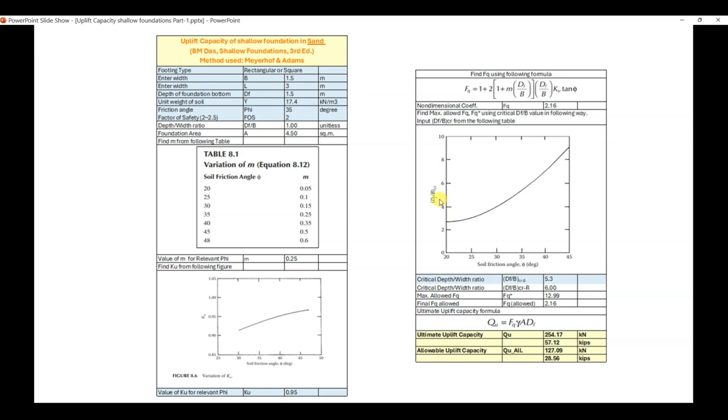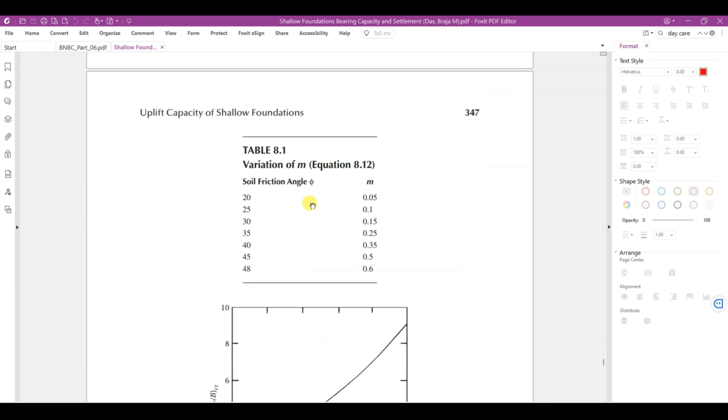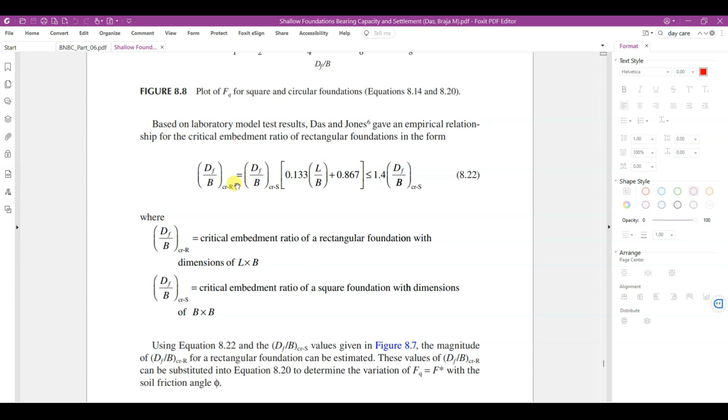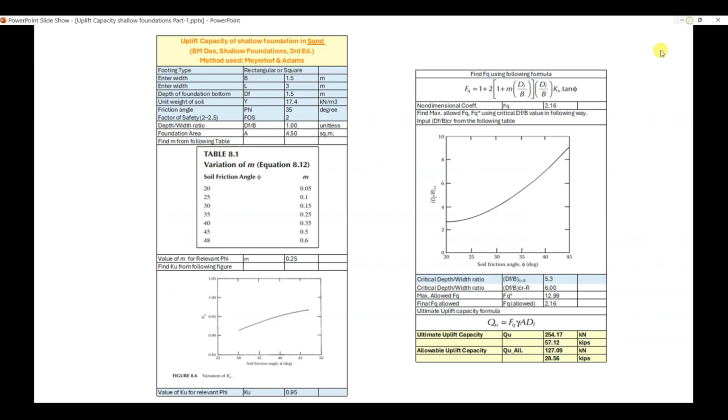So at first, the formula given here is for the square foundation. So for 35 degree, we get a value of 5.3 for a square foundation from this graph. Then we go back to the formula which we have discussed before. This specific formula, we can use this and get our rectangular foundation's critical depth to width ratio.